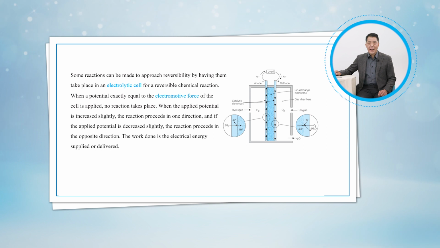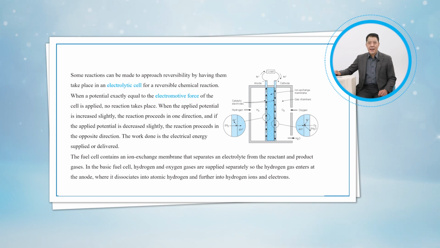When the applied potential is increased slightly, the reaction proceeds in one direction, and if the applied potential is decreased slightly, the reaction proceeds in the opposite direction. The work done is the electrical energy supplied or delivered.